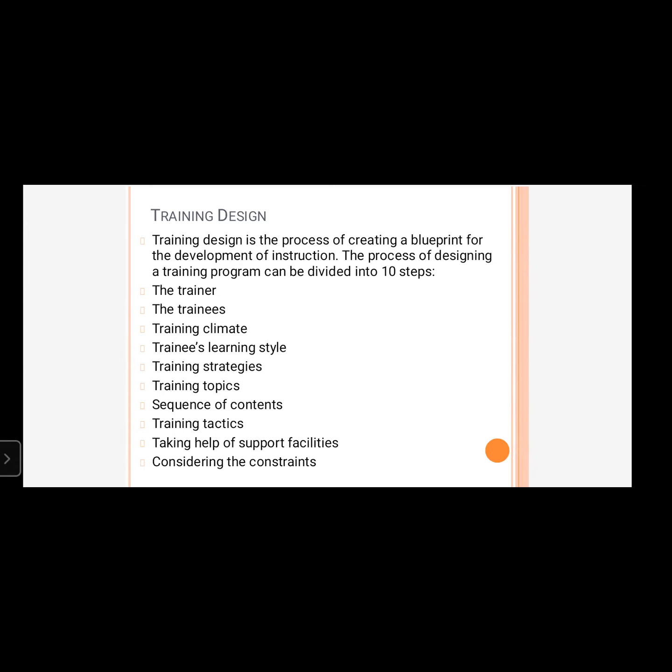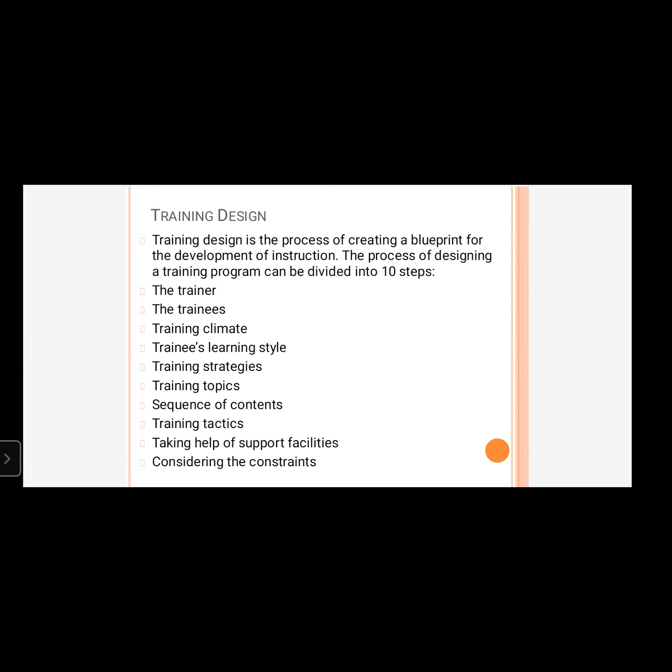He should have good communication skills. He should have good, say, leadership skills. Then only he will be able to make the trainees understand or make the training program successful.